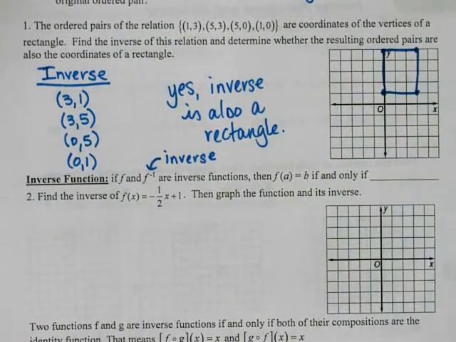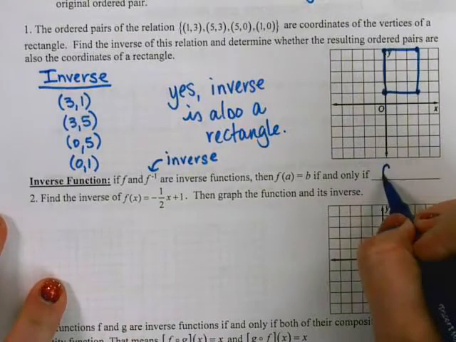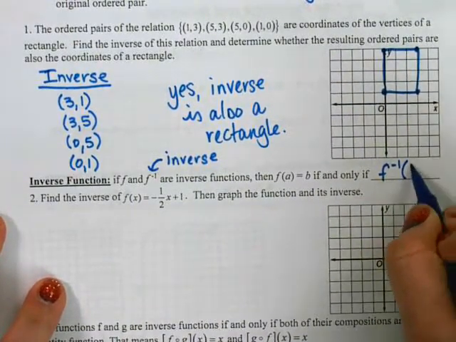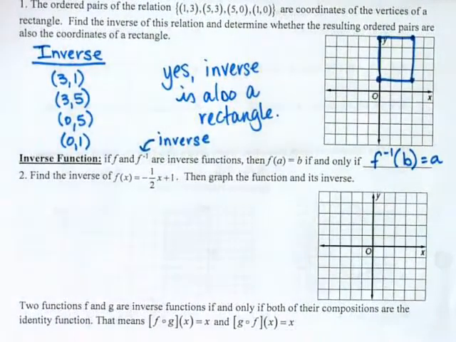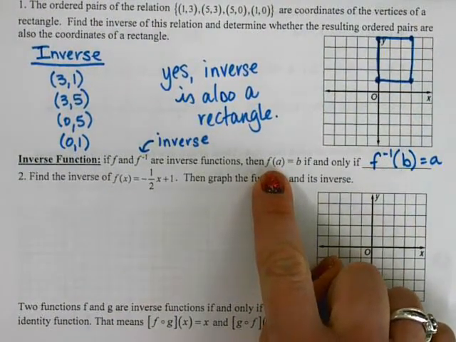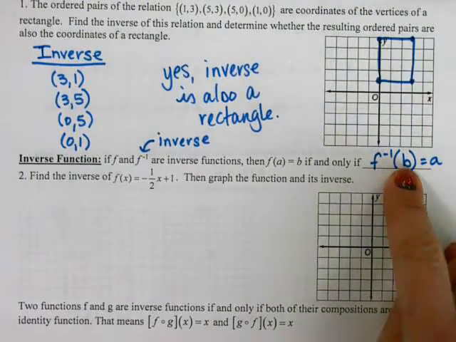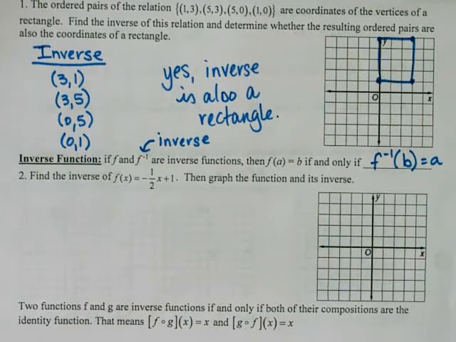If they are inverse functions, then f of a equals b if and only if the inverse function of b equals a. Well, that's the same thing. Think about a and b as ordered pairs, right? This would be x and y, then this would be x and y. So we're going to do the same thing.